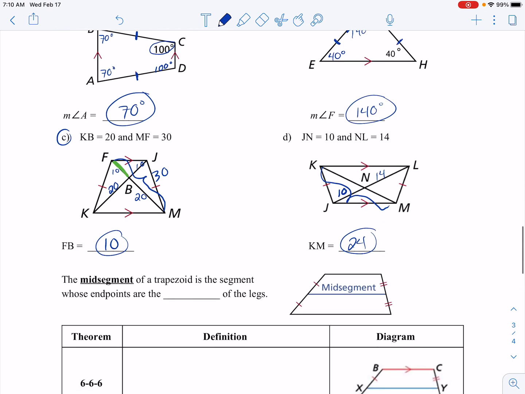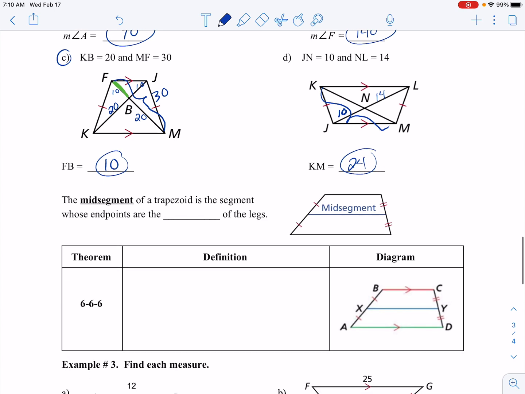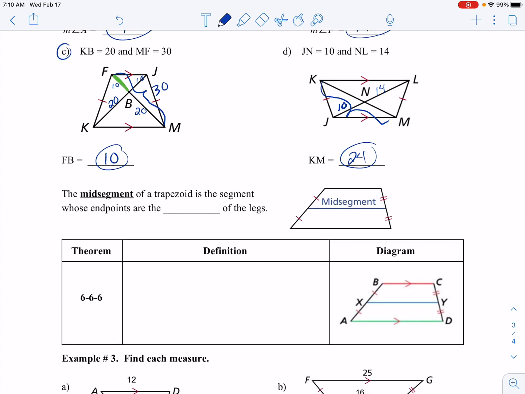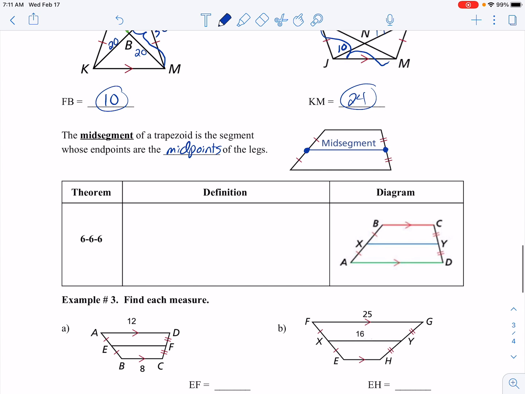Right. Then one last property to talk about for trapezoids. If you have a midsegment, we've talked about midsegments before with triangles. It's a segment that's connected to the two midpoints. For a trapezoid, the endpoints are the midpoints of the legs. Okay. Well, the midsegment of a trapezoid has a property that involves the two bases, the two parallel sides.